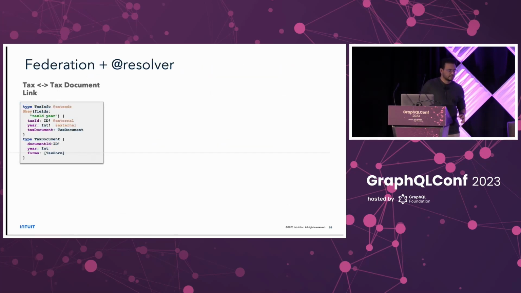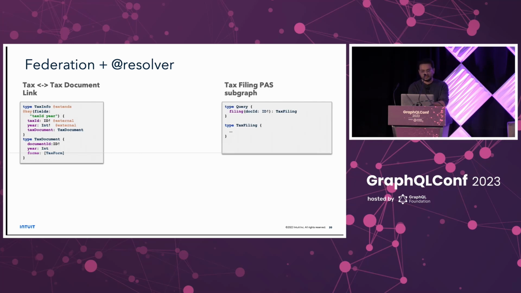Now, we had a unique use case where we need to do federation plus resolver, because if you remember, the PaaS subgraph in the PaaS ecosystem also now needs to participate in the consumer orchestrator ecosystem. With this example, let's say there is a PaaS subgraph providing tax filing information.